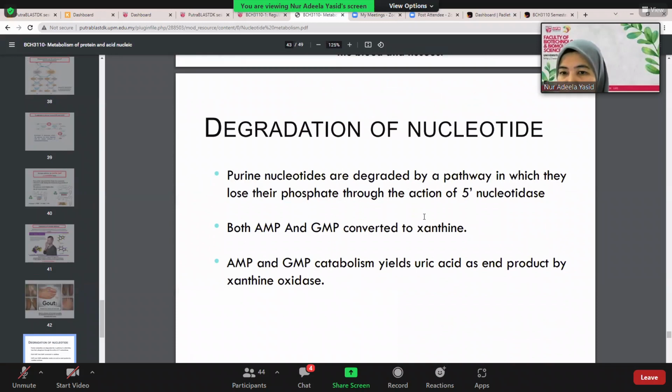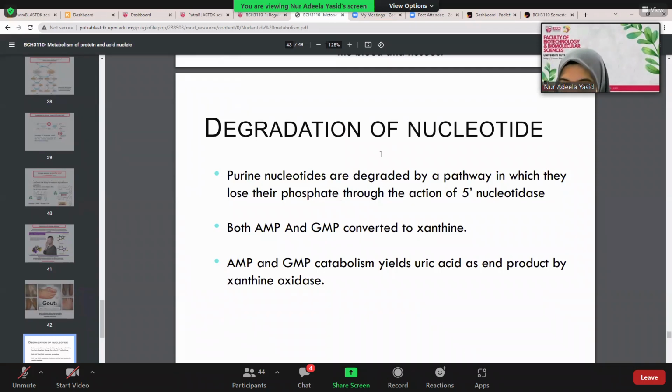Okay, barulah now we move to degradation of nucleotide. We have discussed the biosynthesis and the salvage pathway, now we move to degradation of nucleotide. Purine nucleotides are degraded by a pathway in which they lose their phosphate through the action of 5' nucleotidase.